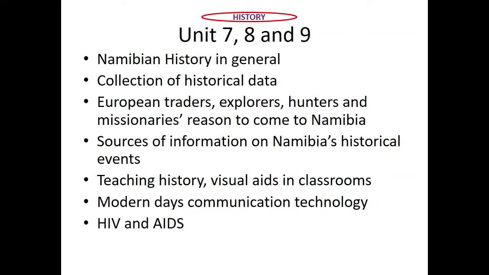The history of Namibia, or history of any person or country for that matter, is not only something that you need to know to remember facts and figures and who died when and who did what. The important part of history is to be able to understand how past events influence the present.